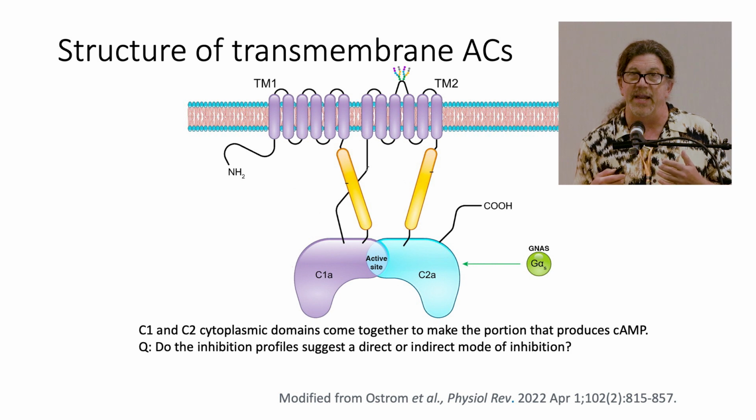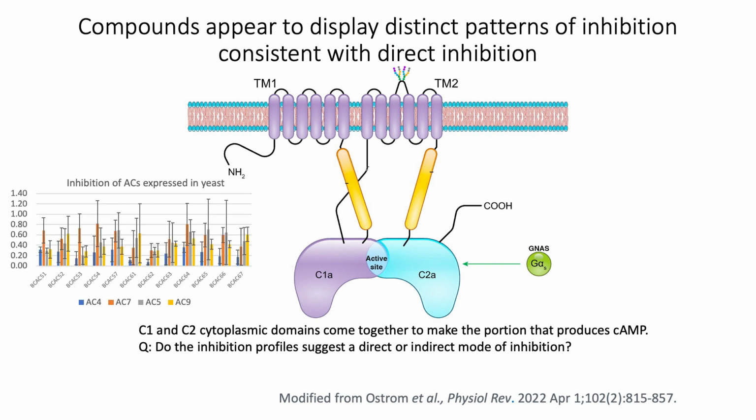My thinking is that if we can see very distinct patterns, like compound 51, if you look at this little panel there, compound 51, it seems to be a much better inhibitor of cyclase 7 than, well, wait, I'm saying it the other way around. The lower it is, the more inhibition we're seeing.